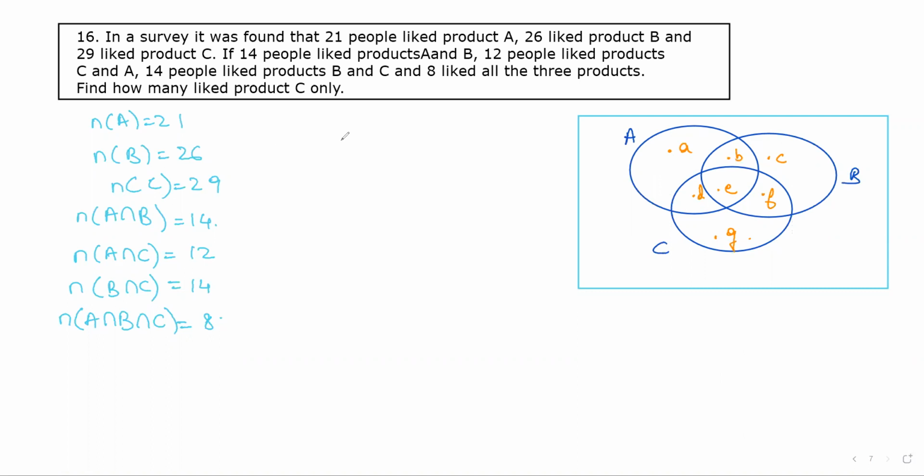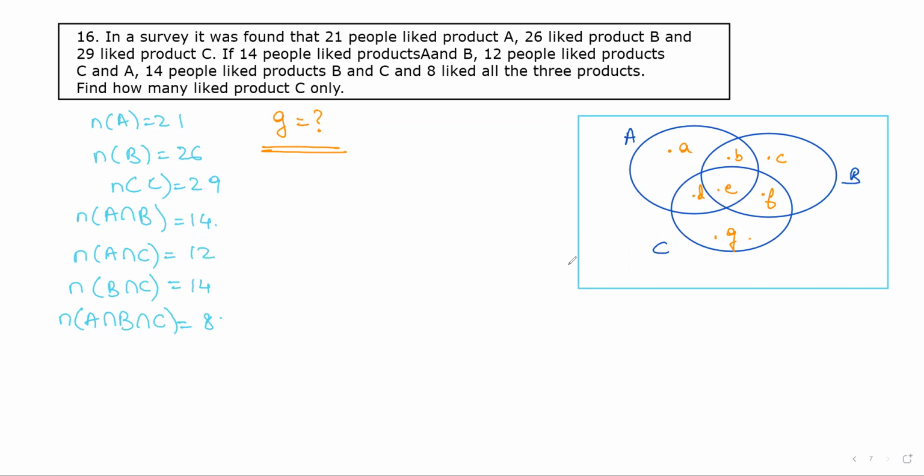You have to find how many like product C only. That means you have to find the value of G. G is equal to question mark. What is given to you? How can you obtain G? If you can remove D, E, and F from it, you can obtain G.